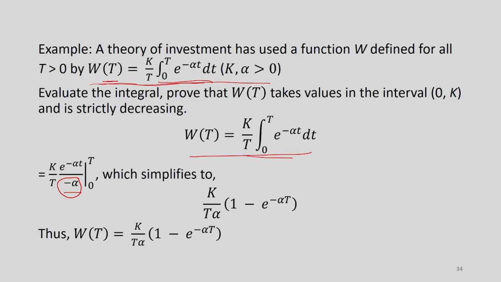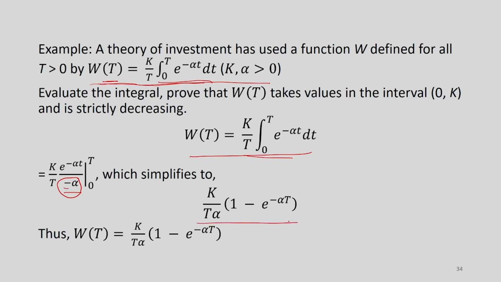All right, and we have to take the value at the limits: e to the power minus alpha capital T minus e to the power minus alpha multiplied by 0, right? And you have to be careful that there is a negative sign here.